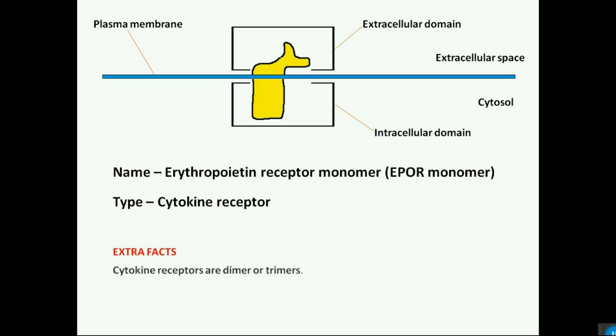Now the extra facts: cytokine receptors are dimers or trimers, meaning they may contain 2 or 3 distinct bodies.